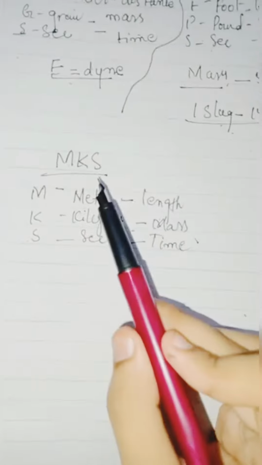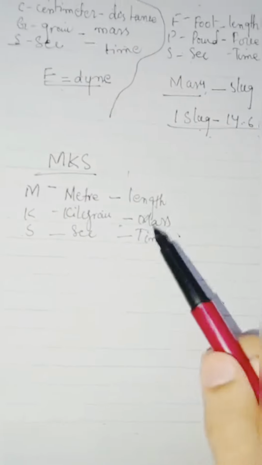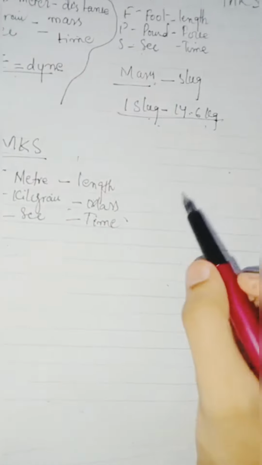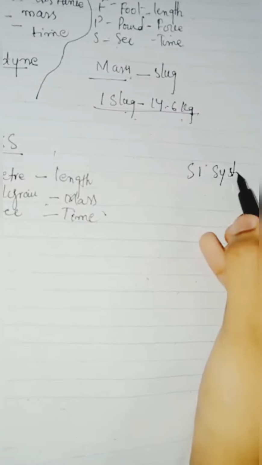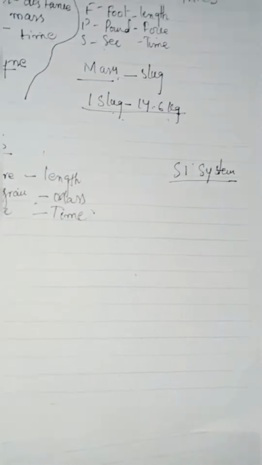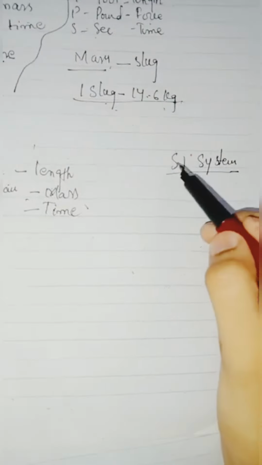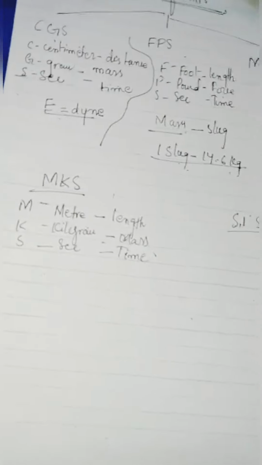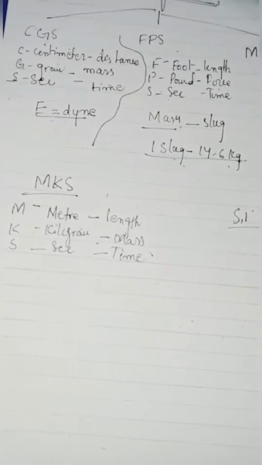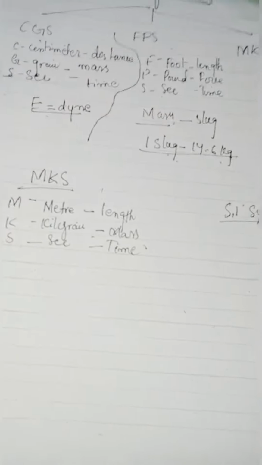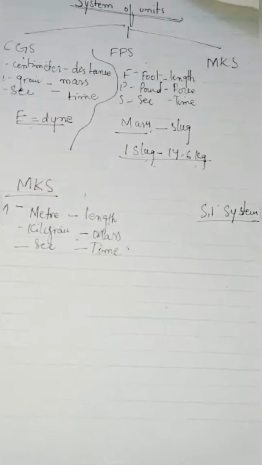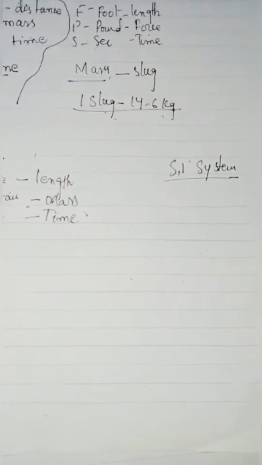As an improvement of MKS system, we now have the new SI system, which is currently used all over the world. Previously there were the CGS, FPS, and MKS systems, meaning different countries used different systems.